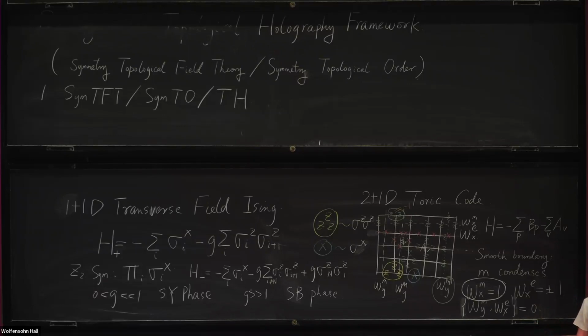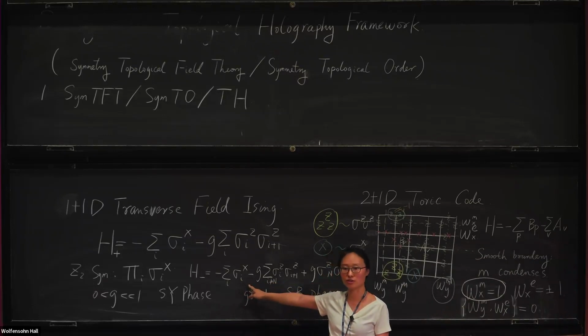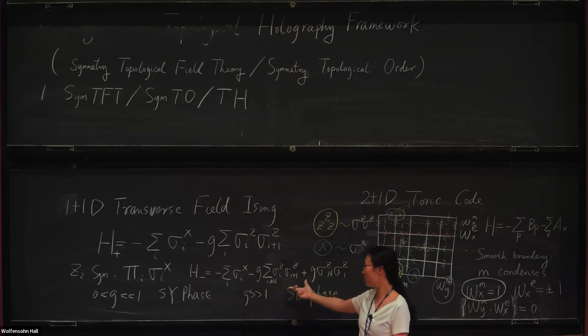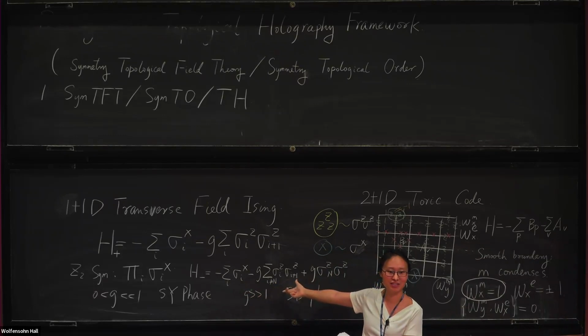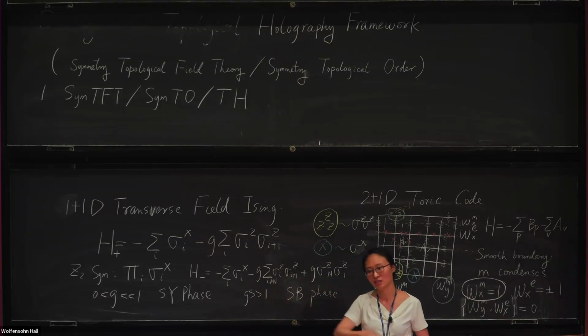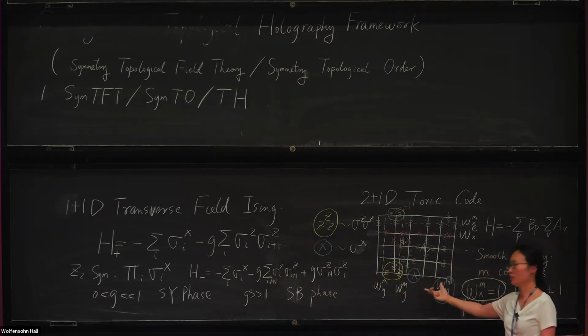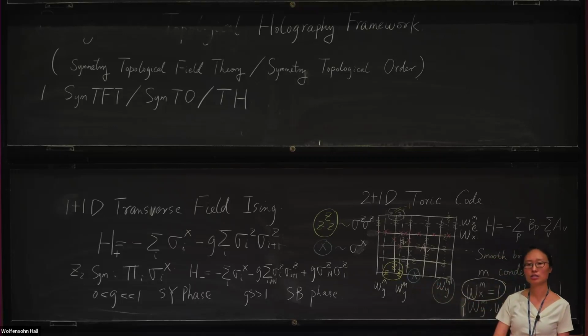This is a very important feature, but it's not obvious in the original 1+1D version of the story, because there it looks like they live in the same Hilbert space, the same one-dimensional chain of n spin-1/2s, but the Hamiltonian looks different. The sandwich construction makes it very clear that the charge sector and the flux sector are orthogonal sectors.